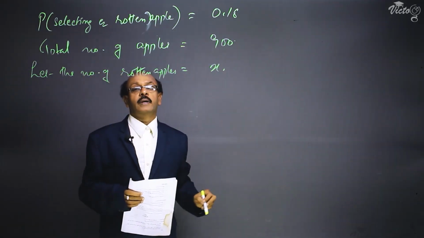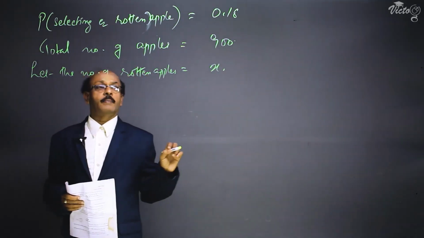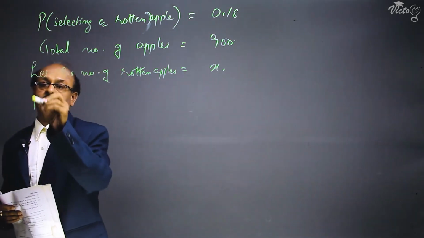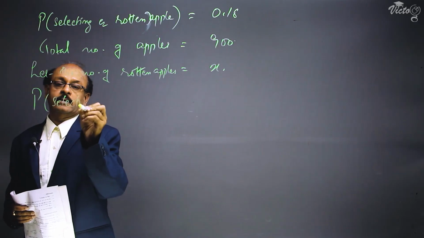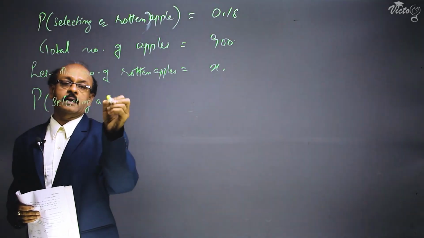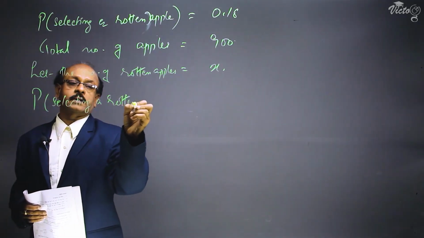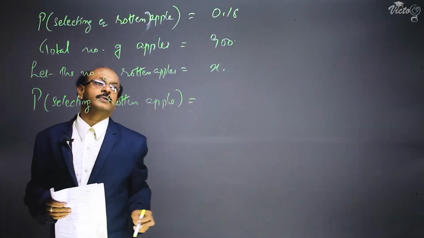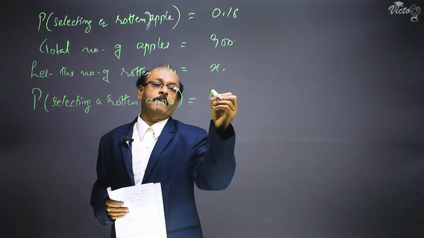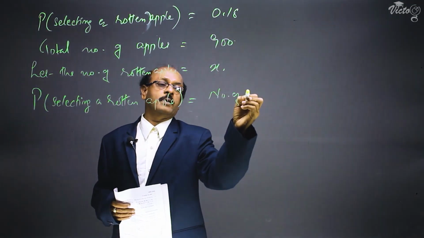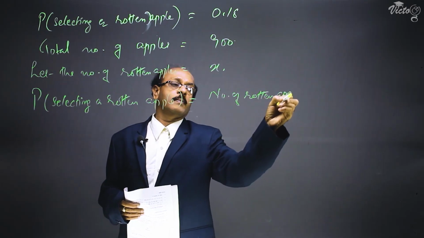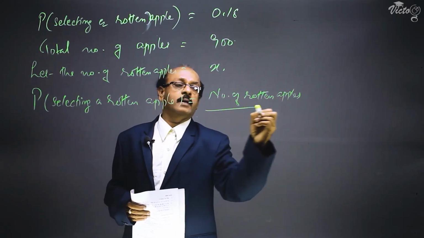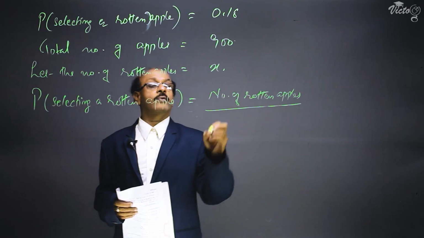Therefore, the probability of selecting a rotten apple is equal to the number of rotten apples divided by the total number of apples.